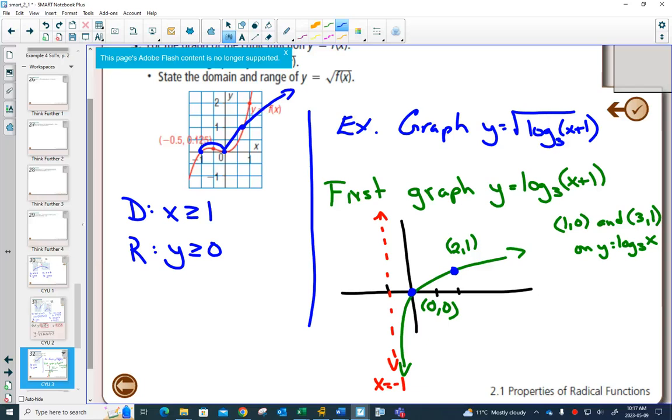Between 0 and 1, your graph has to be slightly above, and afterwards, slightly below. So this is the graph of the square root of a log graph. Its domain would start at 0 because you can't take the square root of a negative number.